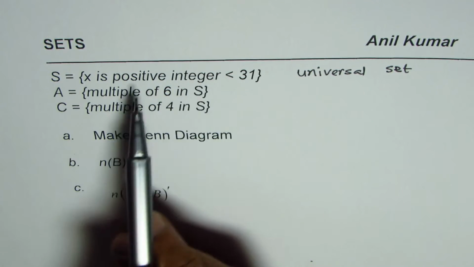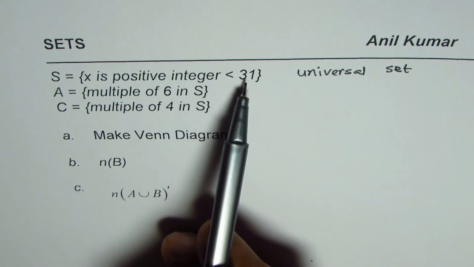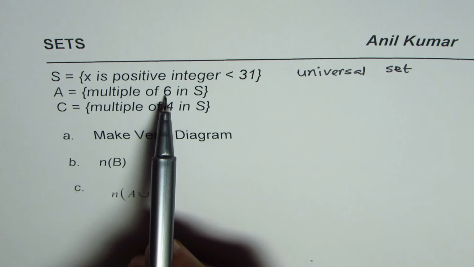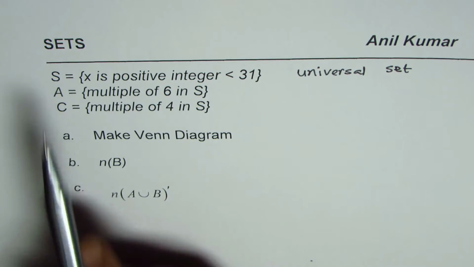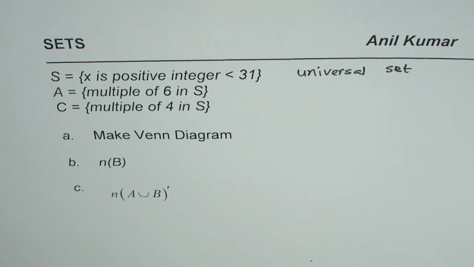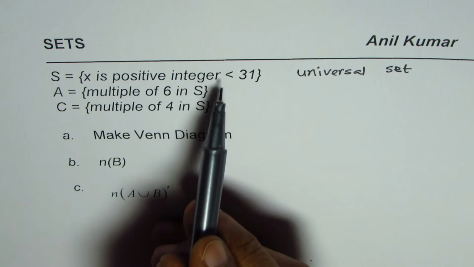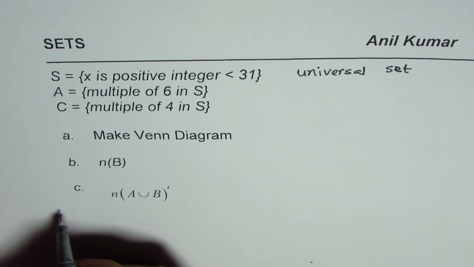Within the universal set, S is the positive integers less than 31, A is the set which is multiples of 6 in S, and C is multiples of 4 in S, right? So in S we have all numbers from 1 to 30, less than 31. Let us write down all these numbers.